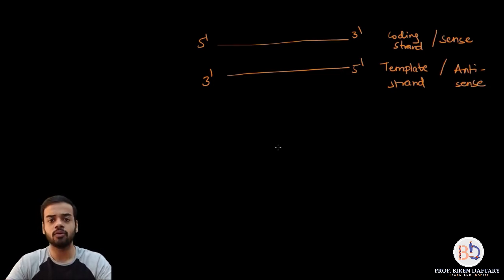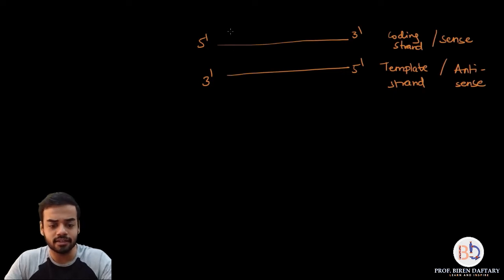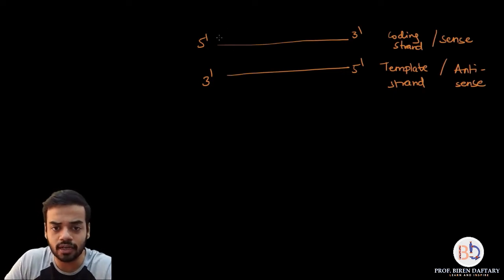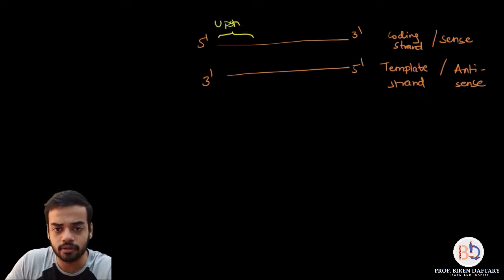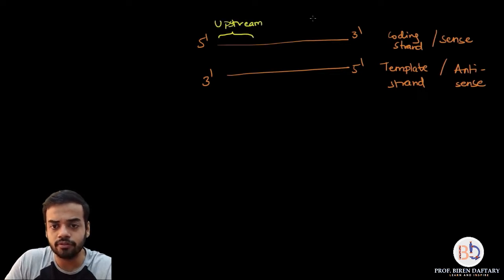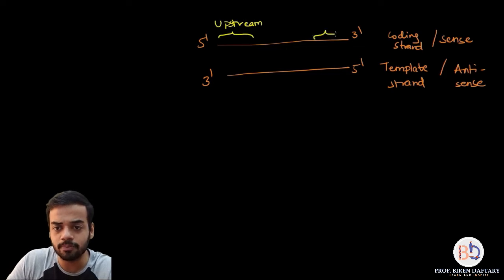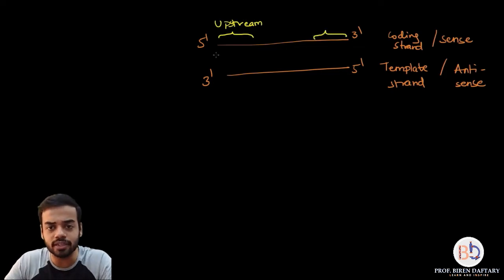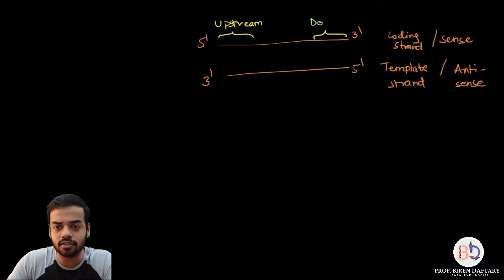Alright, now this region, which is towards the 5' end of the coding strand, is called the upstream region, whereas the region towards the 3' end of the coding strand is called the downstream region.